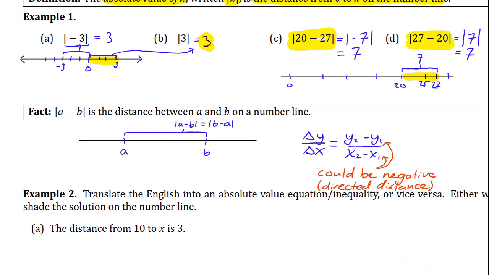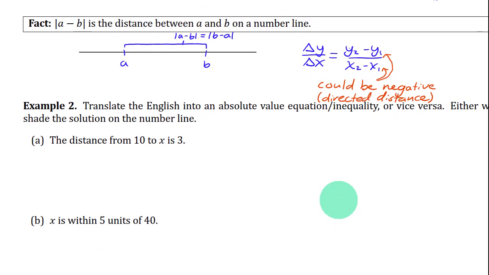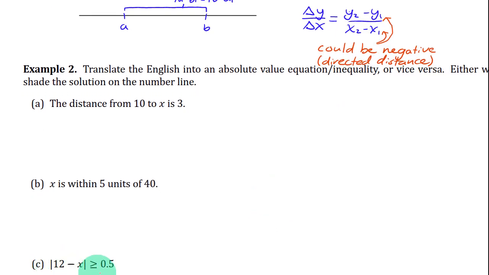Okay, so all right, let's look at these examples. We're going to use this fact that the absolute value of A minus B is the distance between A and B on a number line to look at some English sentences and translate the English sentence into an absolute value equation or inequality. Or if we have a math sentence using algebra symbols, to translate that back into English.